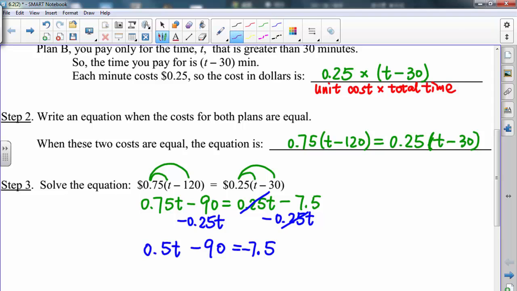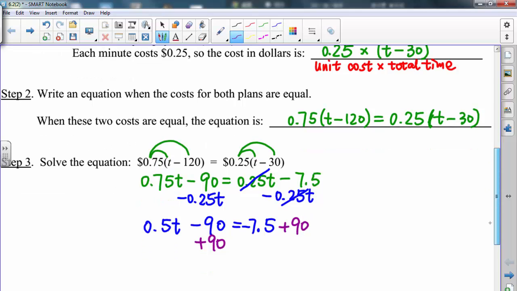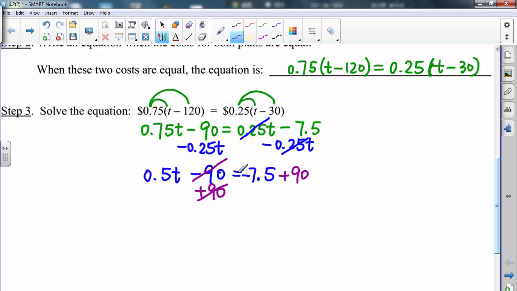Right now, I need to isolate this 0.5t from the negative 90. If I want to cancel this one, I add 90 to both sides. Negative 90, positive 90, they cancel out. I will have 0.5t equals negative 7.5 plus 90.